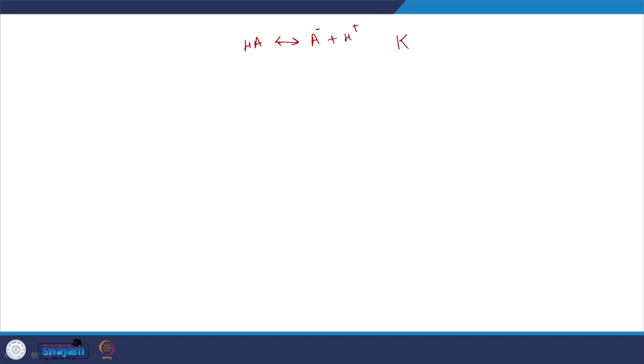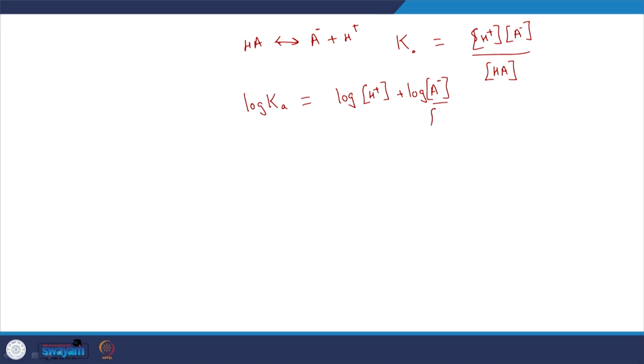So, for this the equilibrium constant Ka is the concentration of H plus times A minus, the products, by the reactants. If I take the logarithm on both sides, log Ka will be equal to log H plus, plus log of A minus by HA.